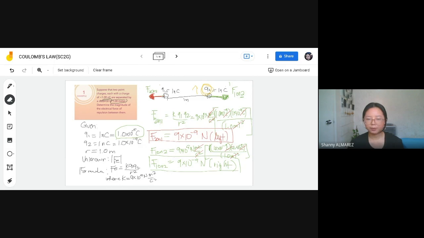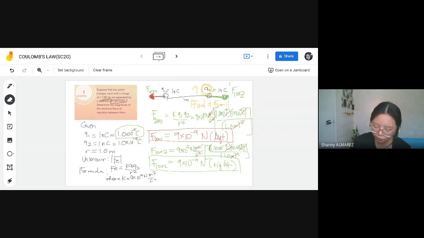Sa tingin nyo, pag in-increase natin siya, sabihin ko, i-times 2 ko siya, gawin ko siyang 2 nanocoulomb. Can we still expect that F1 on 2 is equal to F2 on 1 in terms of their magnitude? So you have answers, no daw, no. Sige, para malaman natin yung answer dyan, i-try natin.